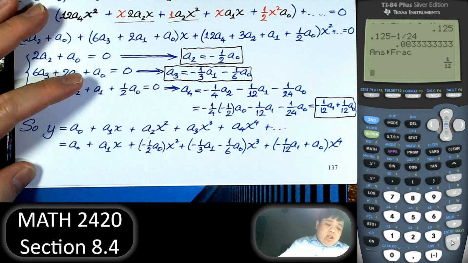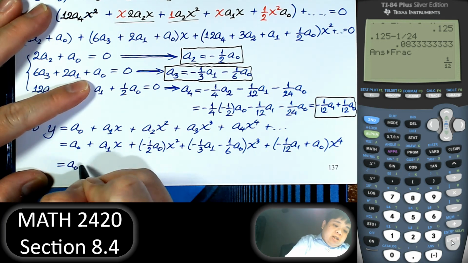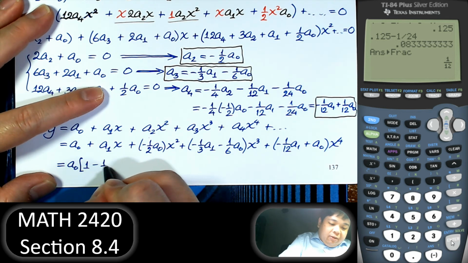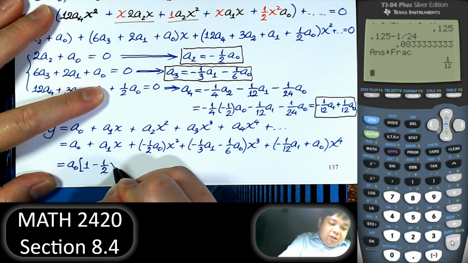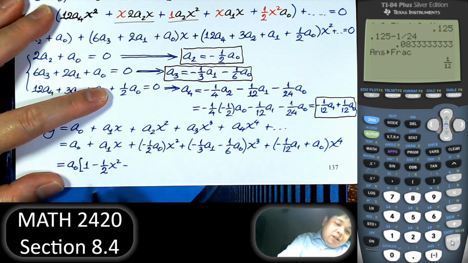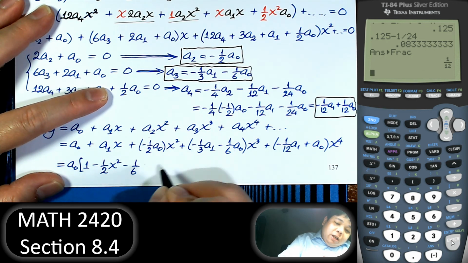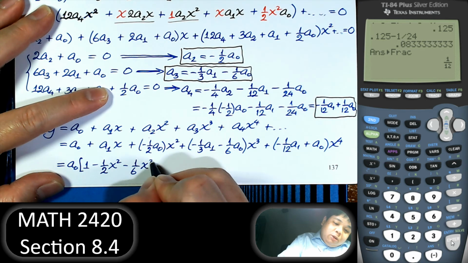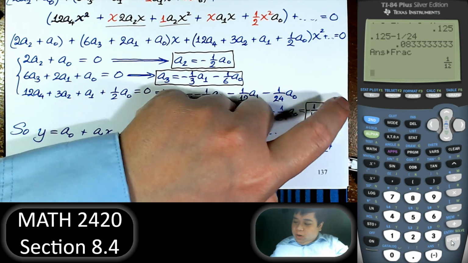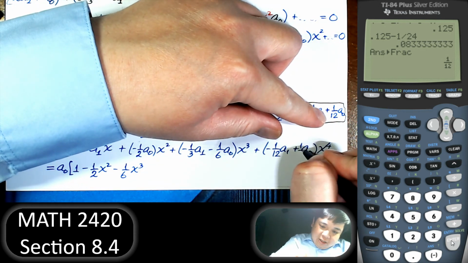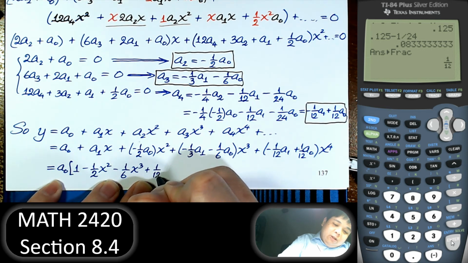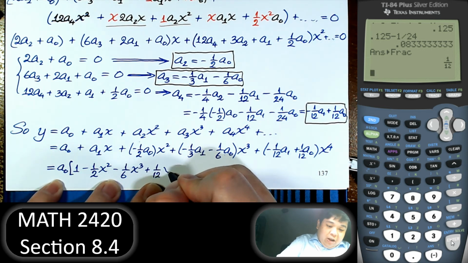By the way, if we want to, we can group everything in terms of a naught and a1. Factor out the a naught: 1, negative 1/2 x squared, negative 1/6 x cubed, and wait, plus 1/12 that I forgot here. Factor out a naught.